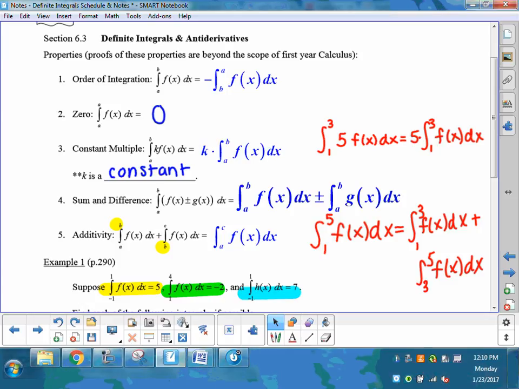Yeah, this just means that there's more of it under the x-axis than above it. And we know that if we go from -1 to 1 of h of x, it works out to be 7. So notice, the first 2 deal with the same function, the third one doesn't.